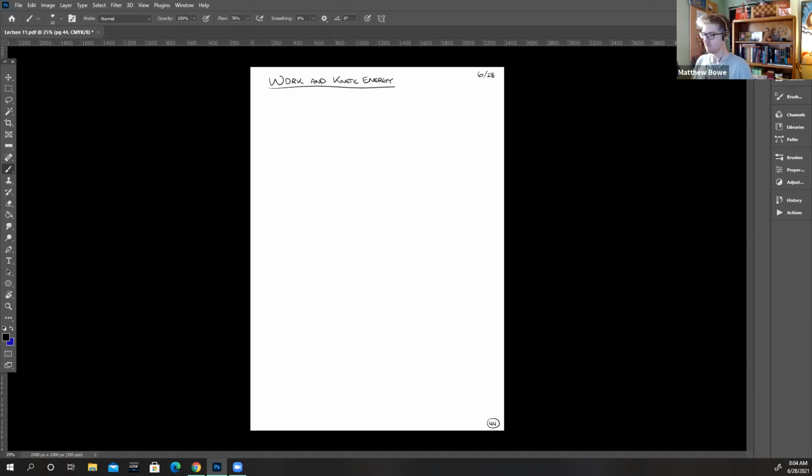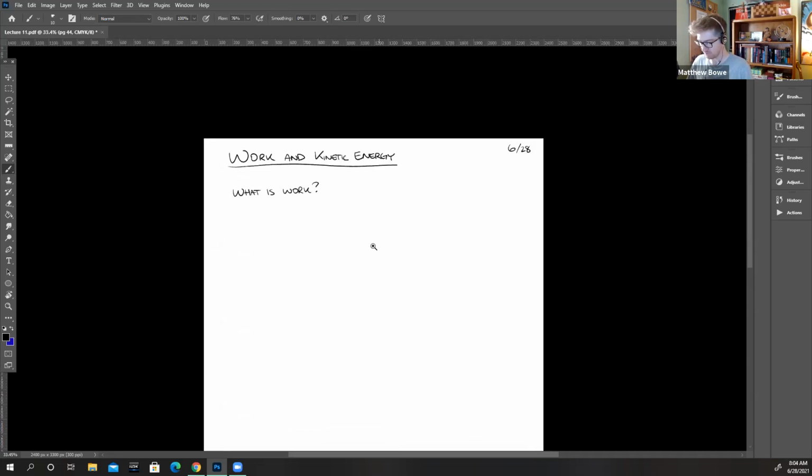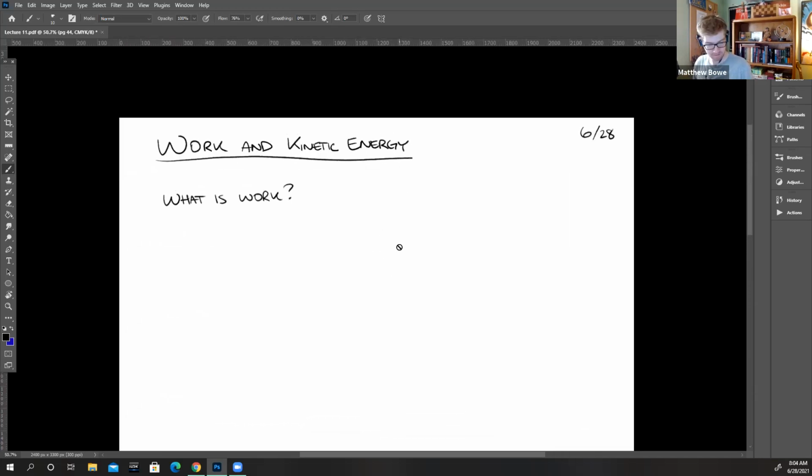In the term we're going to use it, work will be referred to as just the amount of energy that's required to apply a force onto something.